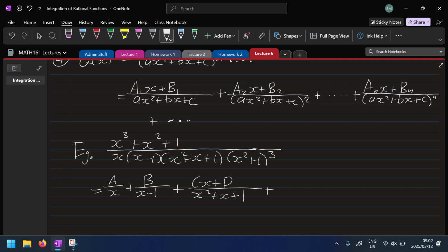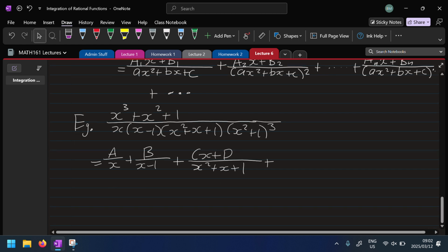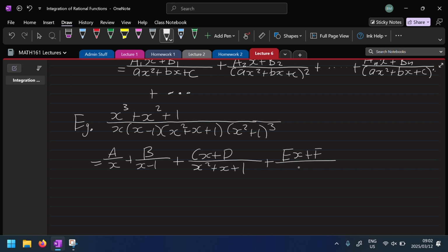Plus, now that last one is repeated 3 times, so we're going to have 3 terms for that x squared plus 1. So let's write that here. We're going to have, let's say, Ex plus F over x squared plus 1. So that's for the first one. Now we need number 2.